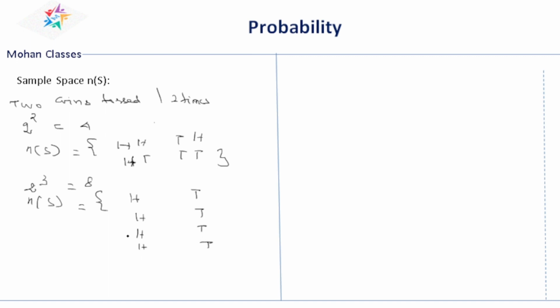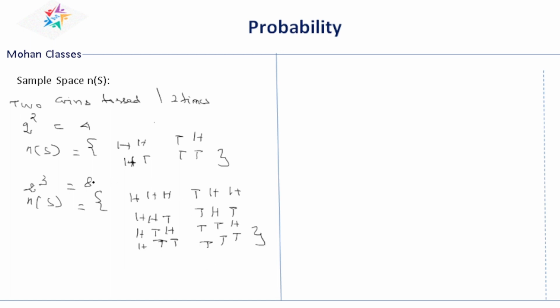Then half of it is 2: H, H, T, T. Here also H, H, T, T. After that we have 1: H, T, H, T, H, T, H, T. So these are all the 8 outcomes.